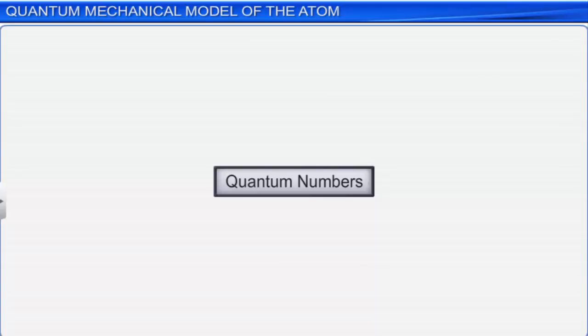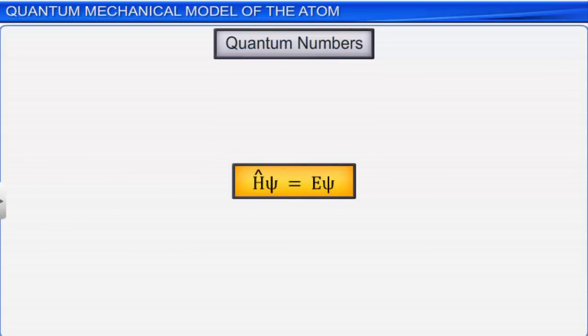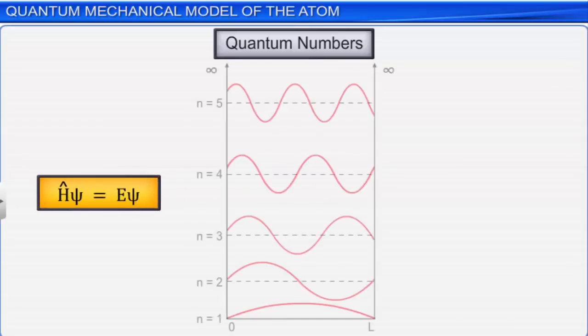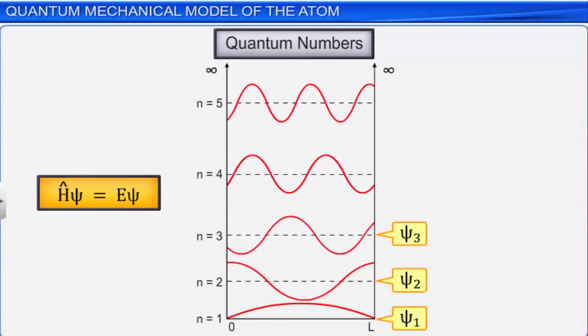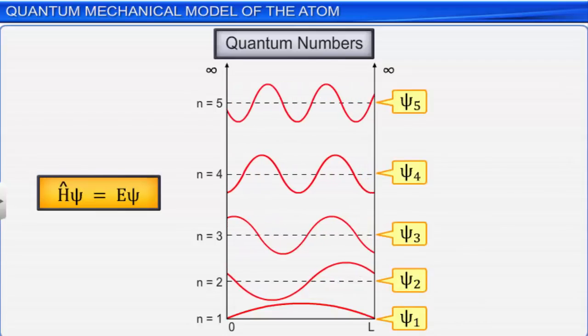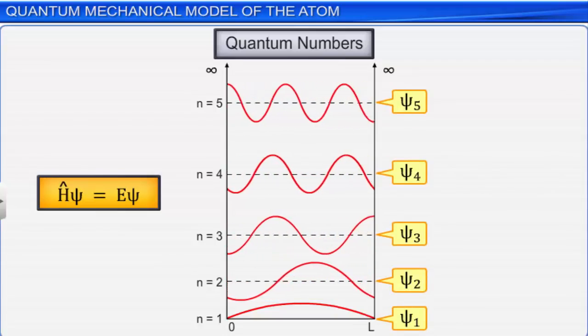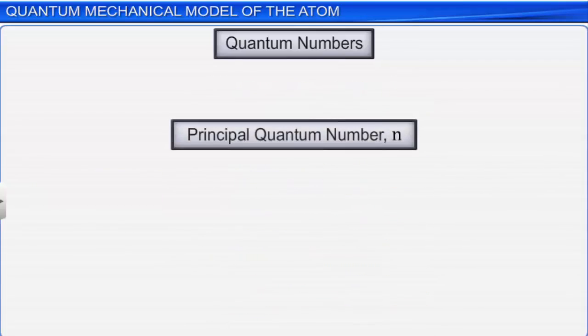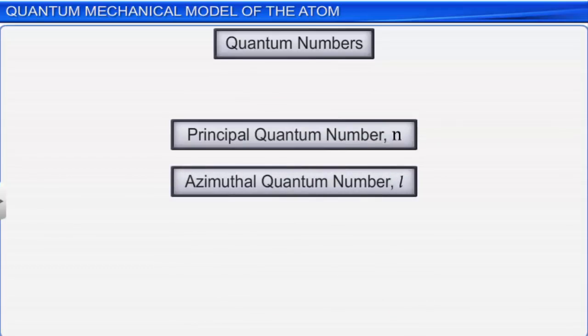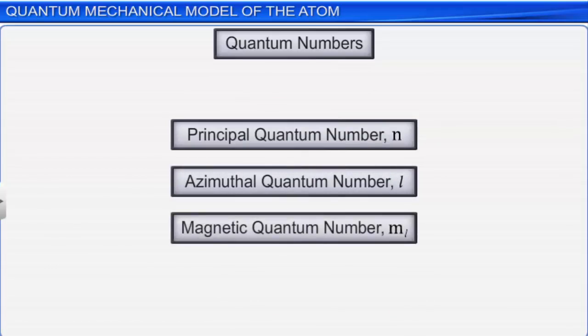Now let us see how the atomic orbitals are distinguished by quantum numbers. On solving Schrodinger wave equation for hydrogen atom, the solution gives quantized energy states and the wave functions which are characterized by a set of 3 quantum numbers, which are the principal quantum number, the azimuthal quantum number, and the magnetic quantum number.